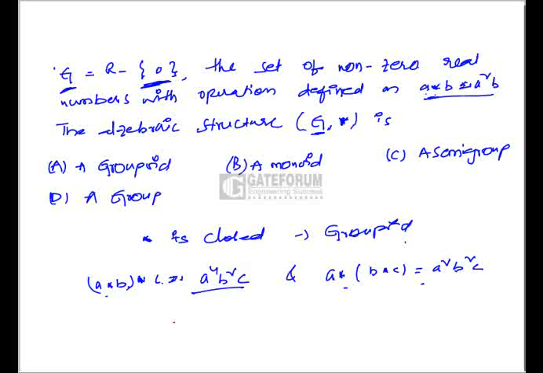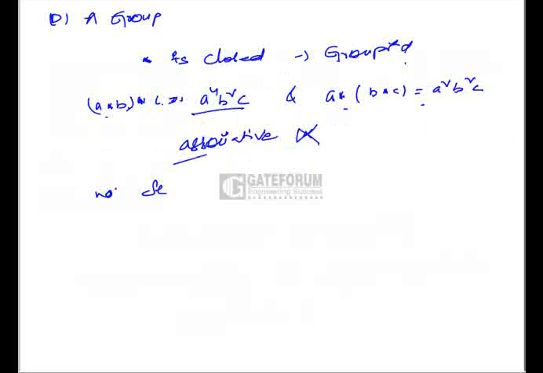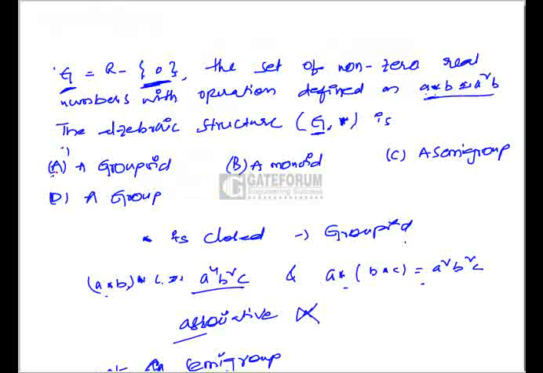So here associative property is not satisfied. So this is not a semigroup. If it is not a semigroup, it is not a monoid and it is not a group. So here just closure property is satisfied. So we can say this is just a groupoid. So here the correct option is option A.